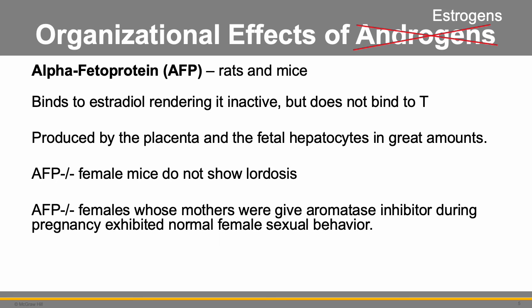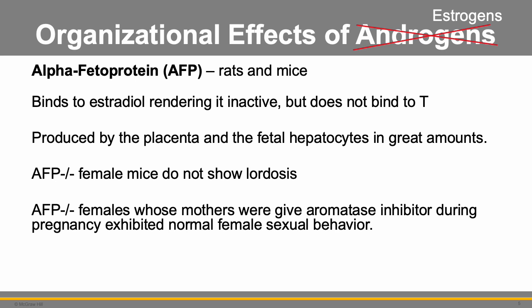So in these AFP knockout mutants, through this aromatase inhibitor, the mothers are unable to make estradiol. So without estradiol, the developing fetuses in the AFP knockout females never see estradiol. So they never experience the developmental effects, the change in their neural trajectory due to estradiol.